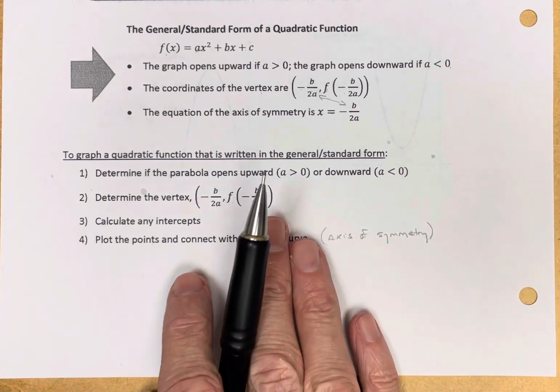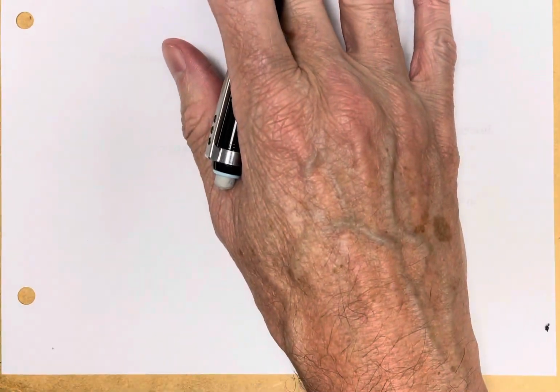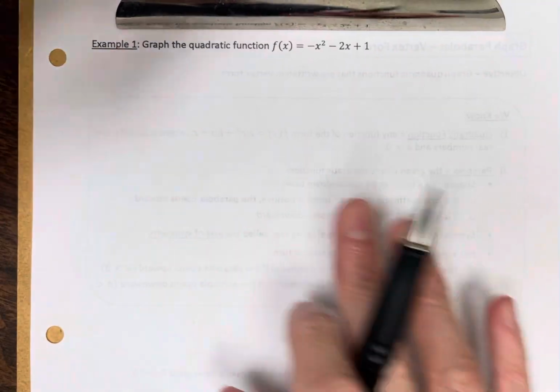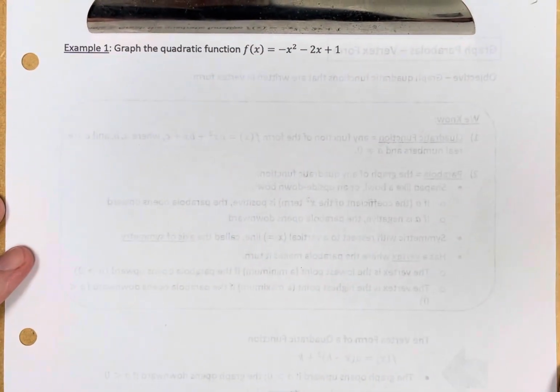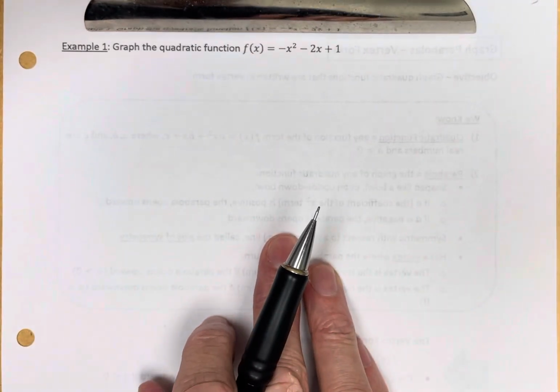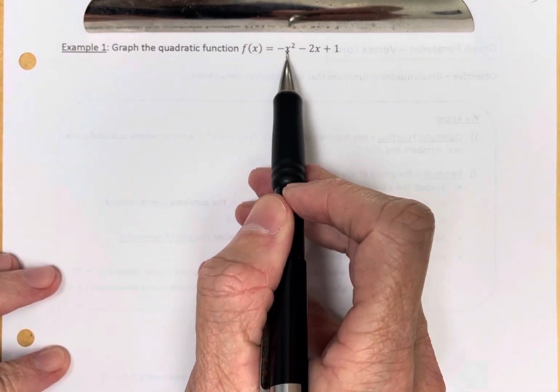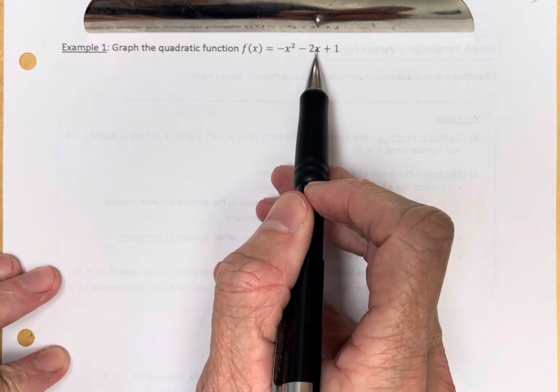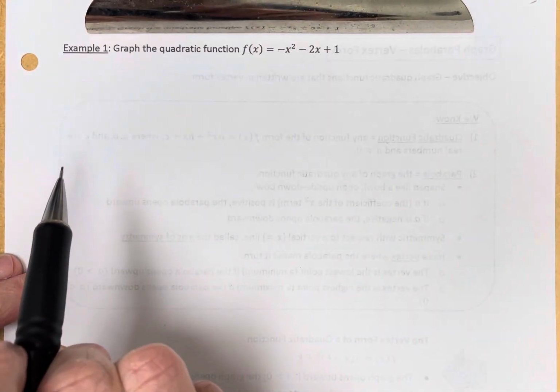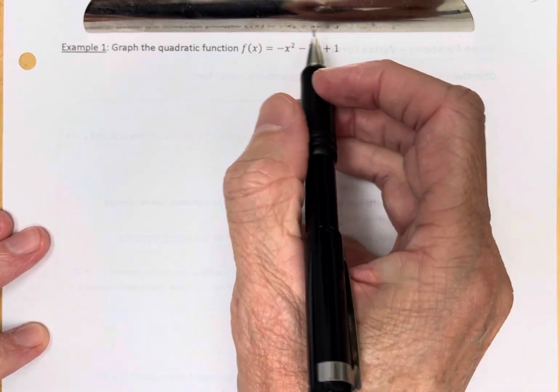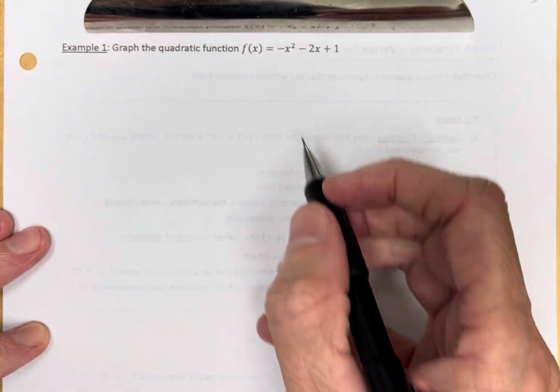Okay, so let's do it. Probably maybe a little bit easier than you might think, or not so complicated. But as usual, it's nice to have an example and follow it through. So I've got a quadratic function here I want to graph. Example 1, the function is the opposite of x squared minus 2x plus 1. Okay, so let's make a note because we need to know a and b.